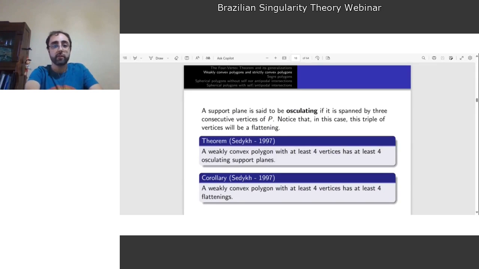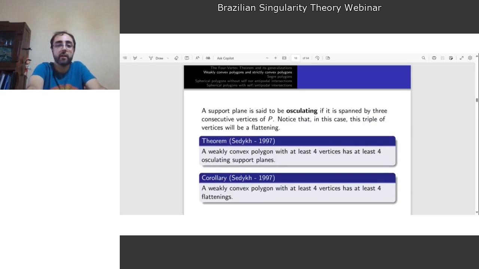Since osculating support planes are generated by a triple of vertices, this triple, which defines an osculating support plane, will also be a flattening by the remark above. Therefore, a corollary of this theorem is that a weakly convex polygon with at least four vertices has at least four flattenings.